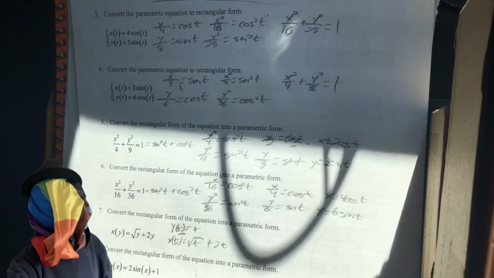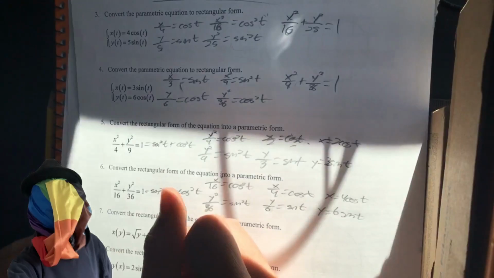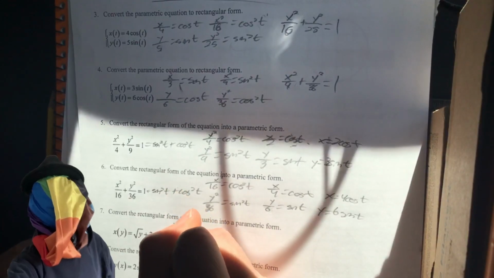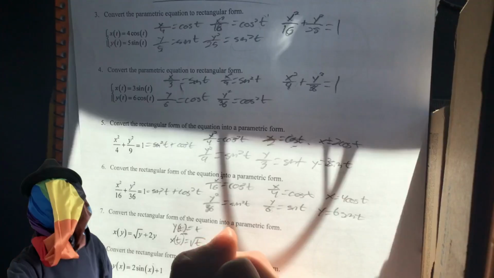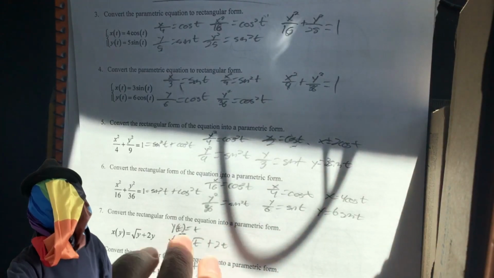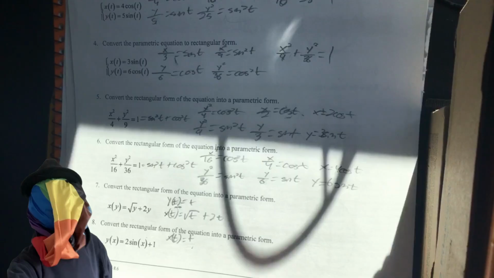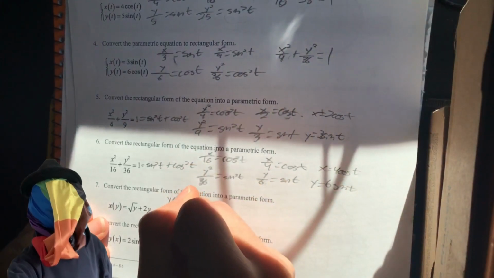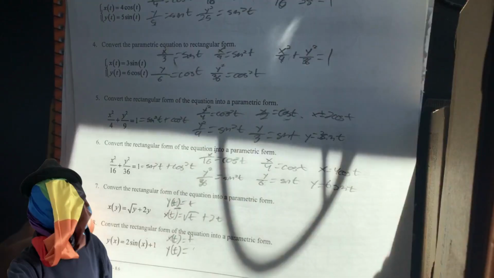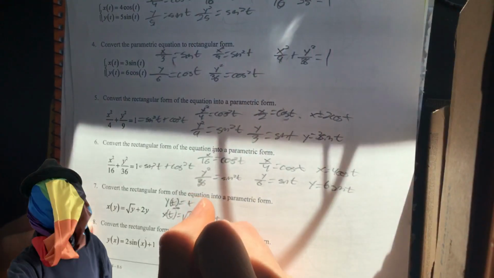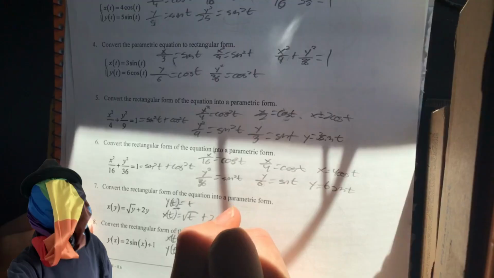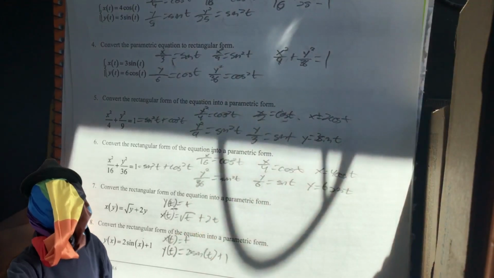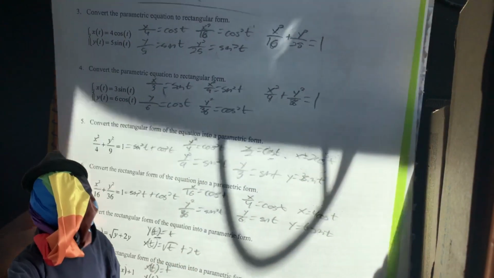I guess if I want the equation to be parametric, we could just say x of t equals t, y of t equals cosine t plus 1. There we go.